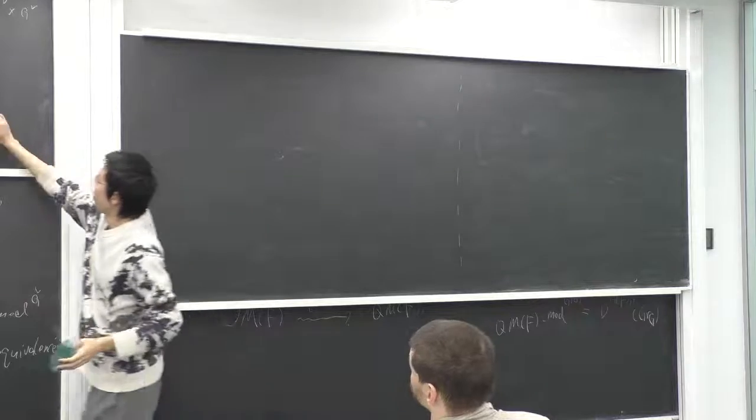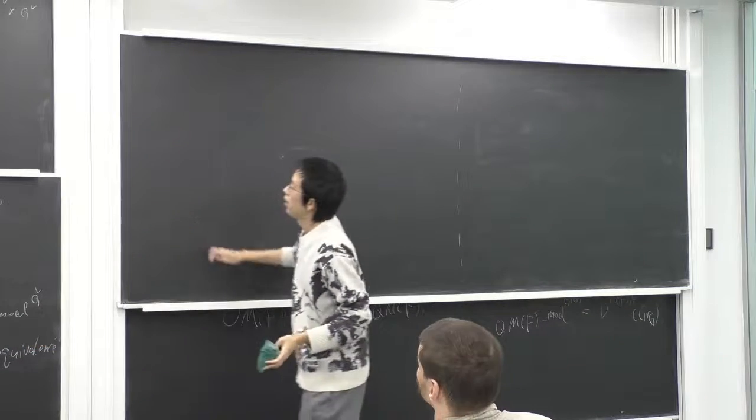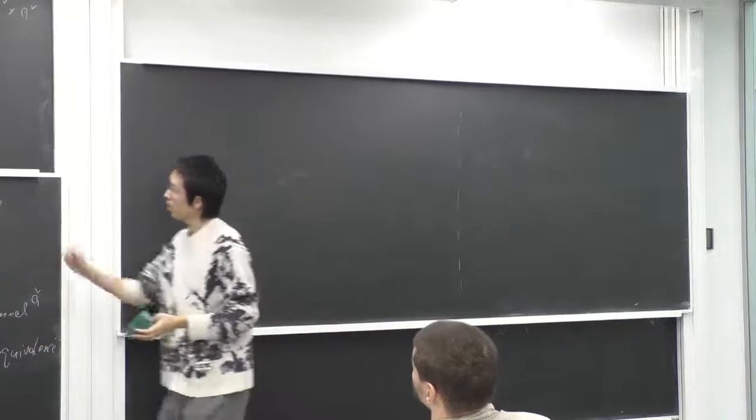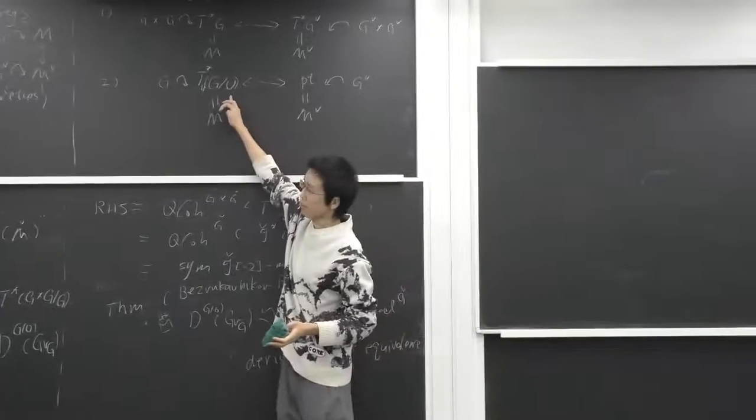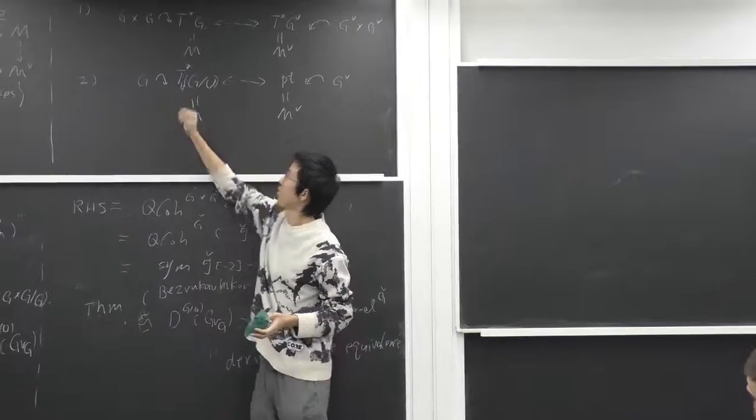Let's see the second example here. For the second example, our H is U here, G is G here.